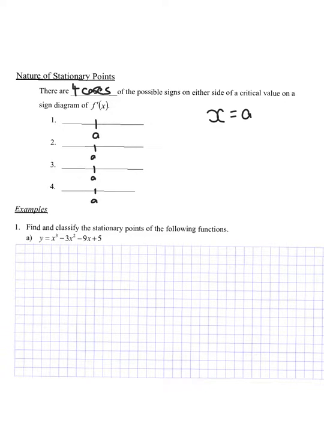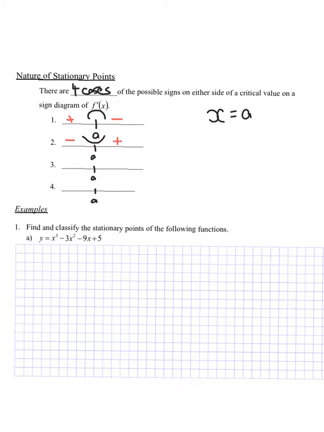All right. If your function is positive slope on one side and negative on the other, the shape of it will look like that. Okay? Because it's a positive slope to a negative slope. If it's a negative slope to a positive slope, it's going to look like that.